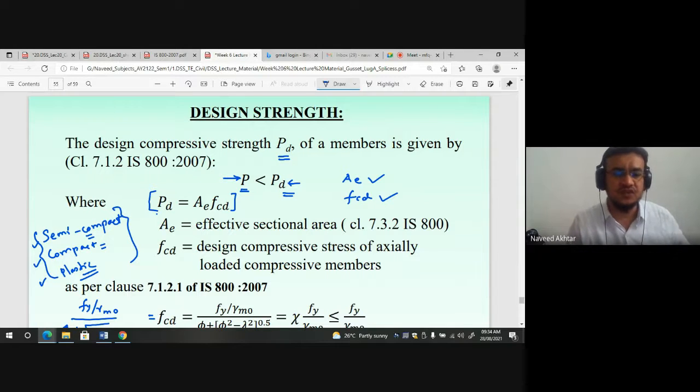It is okay. So in that condition, if your section is within this limit, then your AE is nothing but AG, the gross section area of the section.